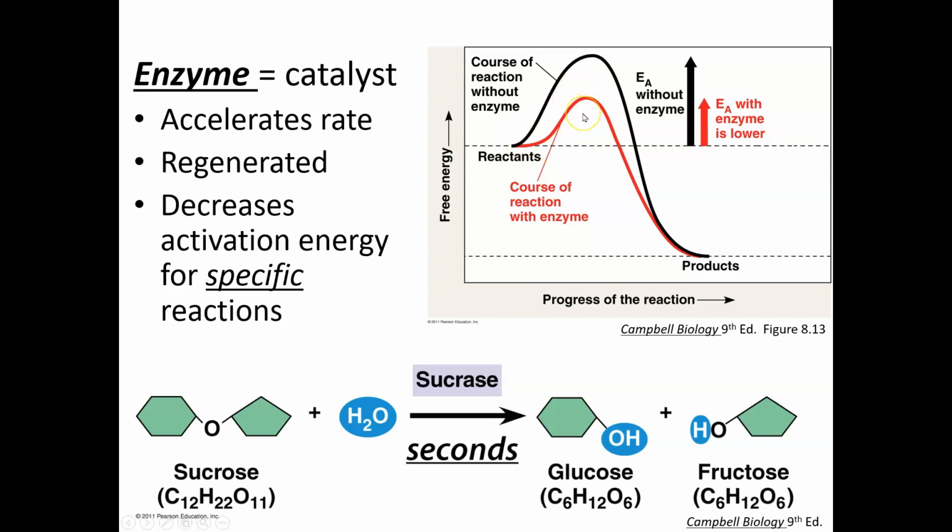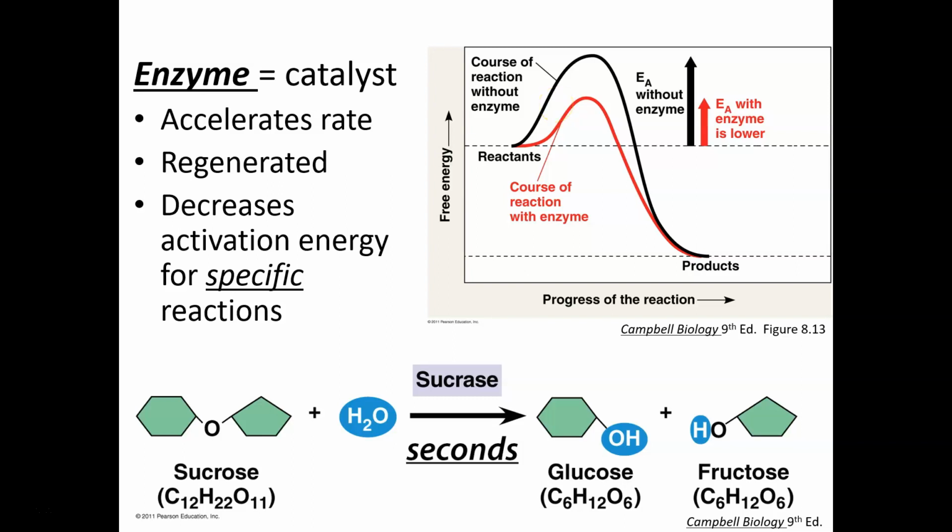A not bad analogy is a remote control for your TV is sort of like an enzyme. If you had to physically get up, walk to the TV, and change the channel, and then go back down and sit and watch TV, you're going to change it a lot less than you would if you had a remote control. And the reason is it takes so much activation energy.